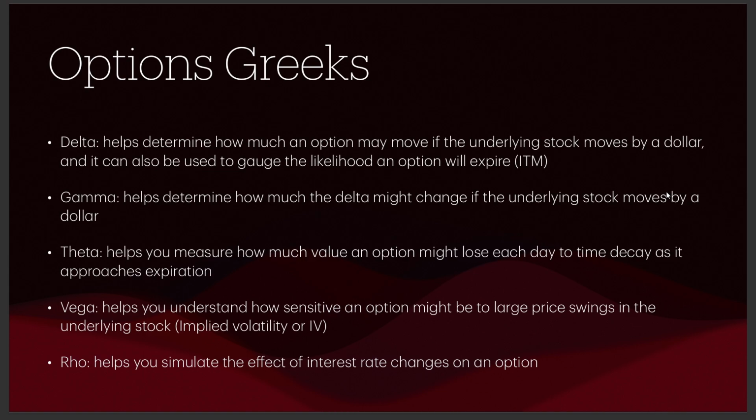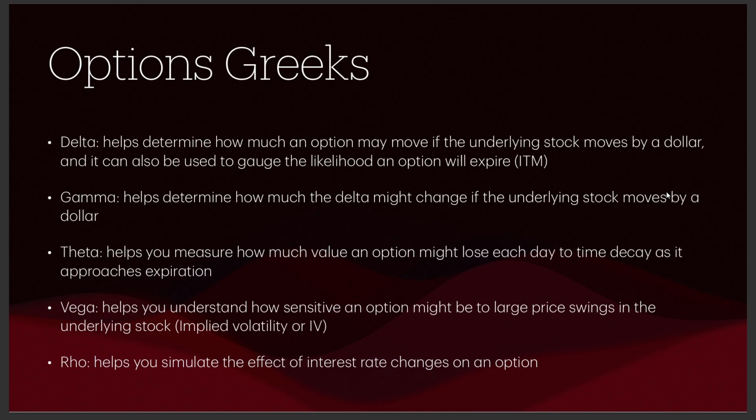Anyone want to take a guess in chat? There you go, we got a right answer. It'll go up 50 cents. And all of the denomination for the money we're talking about here is multiplied by 100, so that would be $50.